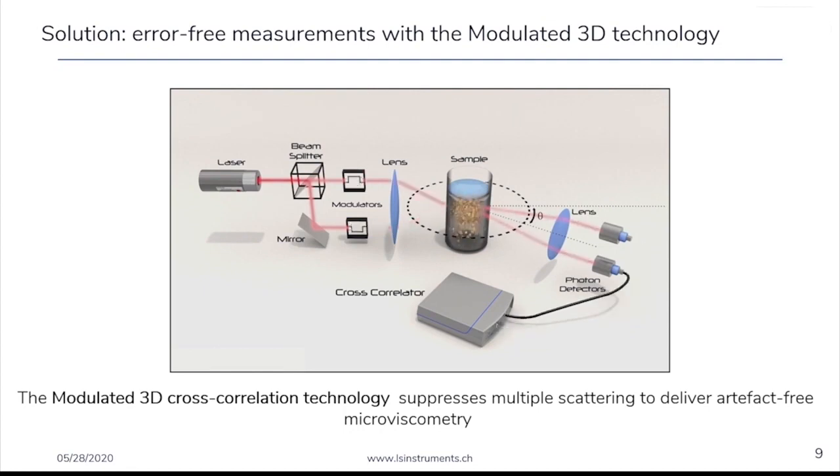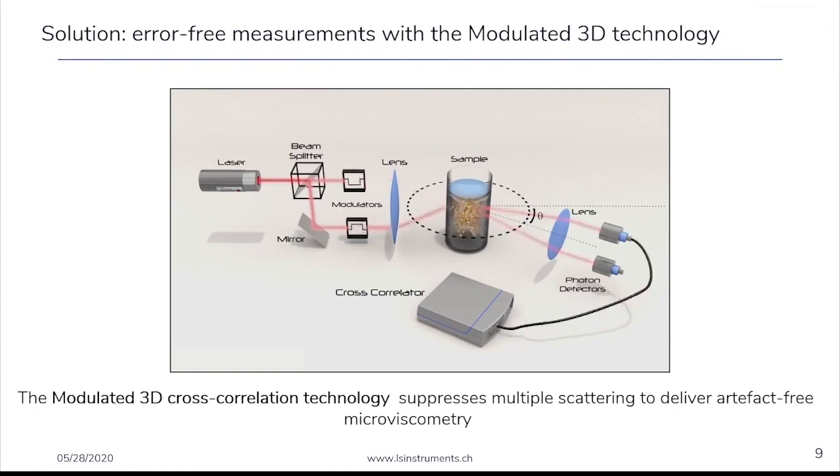And if we then cross-correlate the fluctuating intensity seen by these two detectors, we create not an intensity autocorrelation, but what is called a cross-correlation function, which has exactly the same information as the autocorrelation function normally measured in a standard DLS experiment, but now automatically suppresses all contributions from multiple scattering.